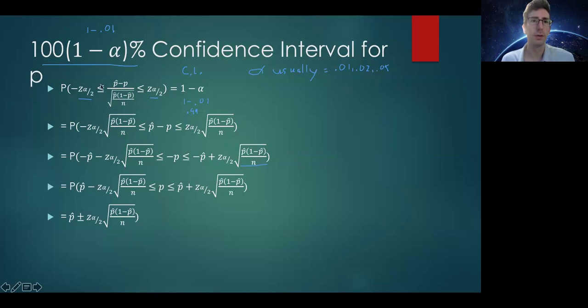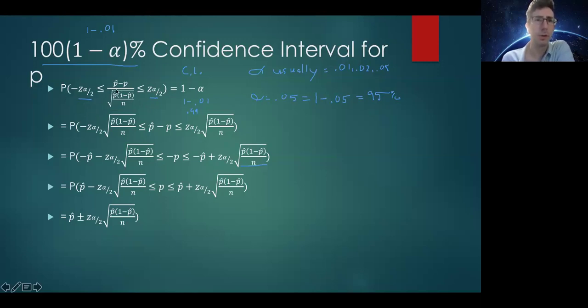If alpha is 0.05, well, 1 minus 0.05, that means your confidence level is 95%, right? So you have a lower confidence level and a larger alpha. So as alpha increases, your confidence level goes down. And we'll see this a little more on the next slide, right?